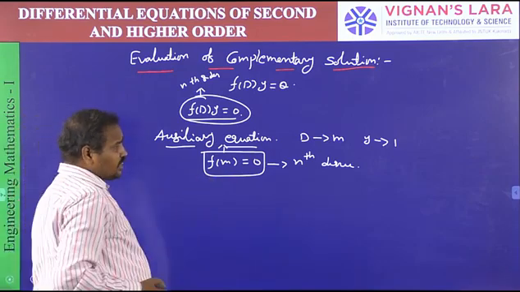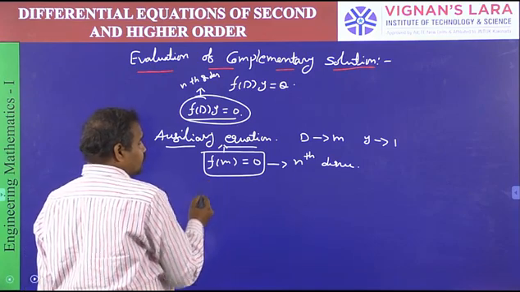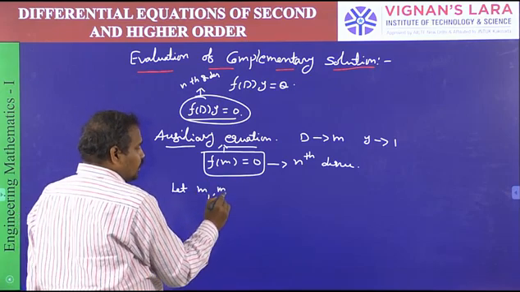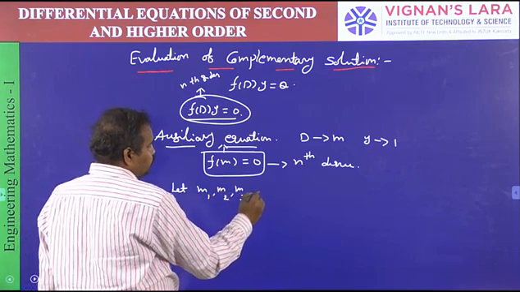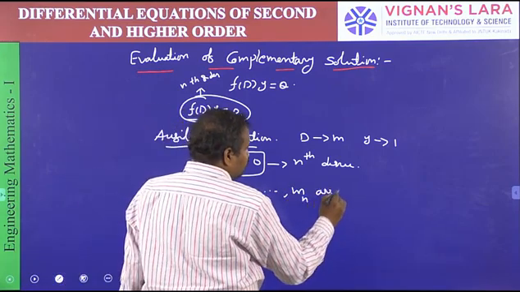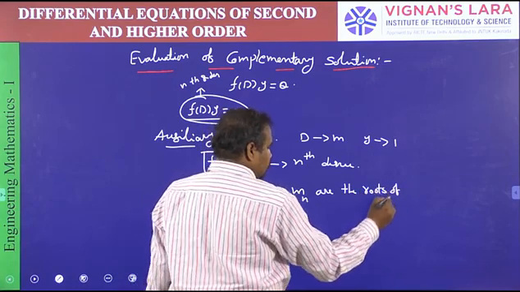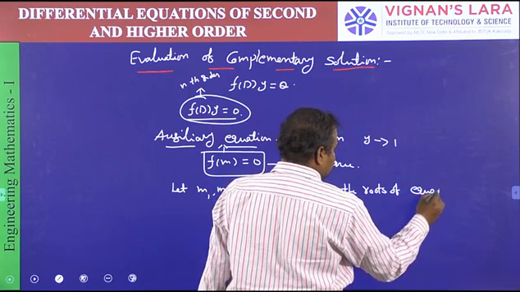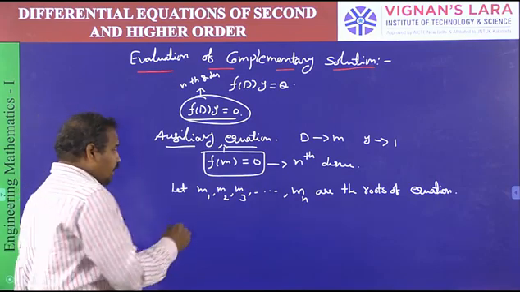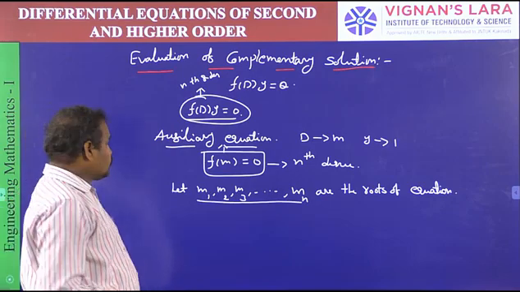After getting F of m is equal to 0, if you solve this nth degree equation, you will get n roots. Let m1, m2, m3 and so on up to mn be the roots of the equation. Based on these roots, we write the complementary solution.